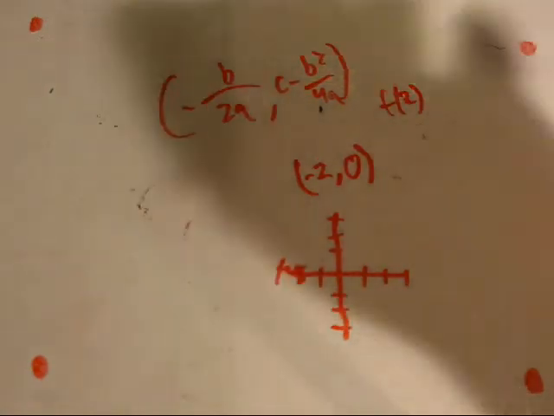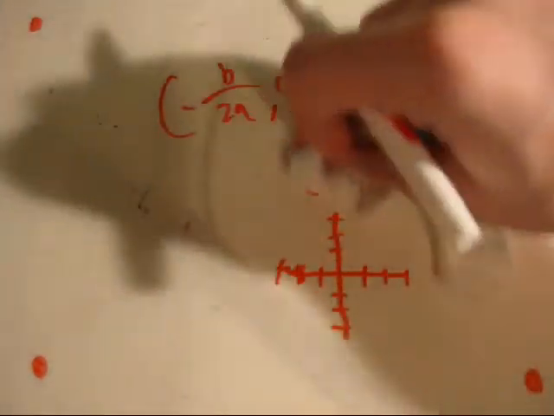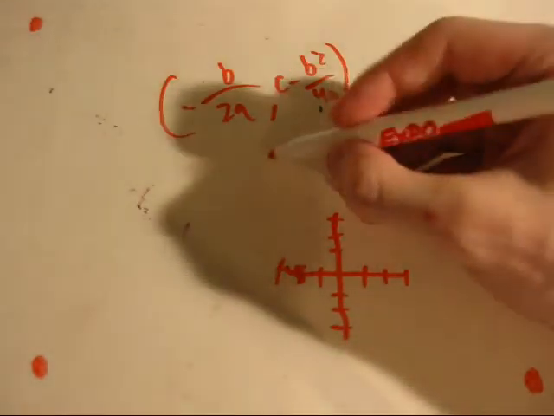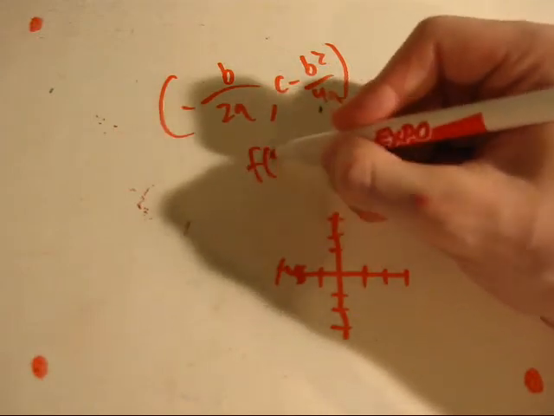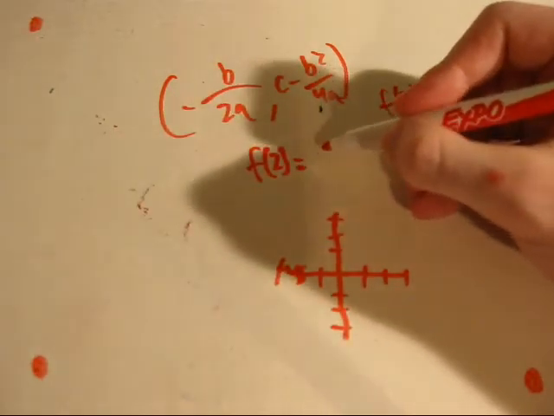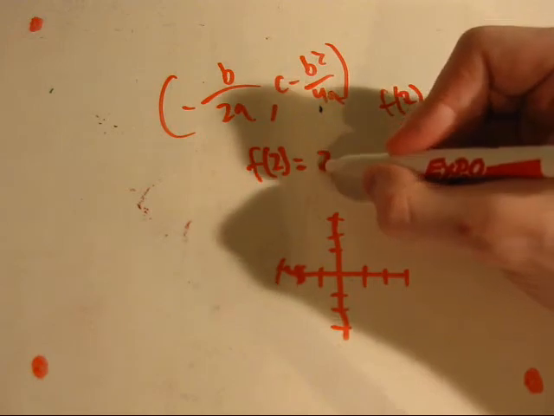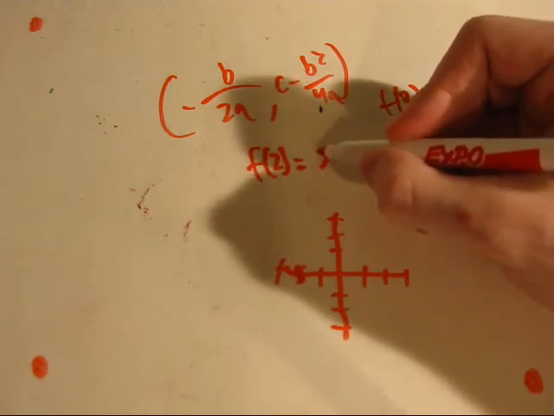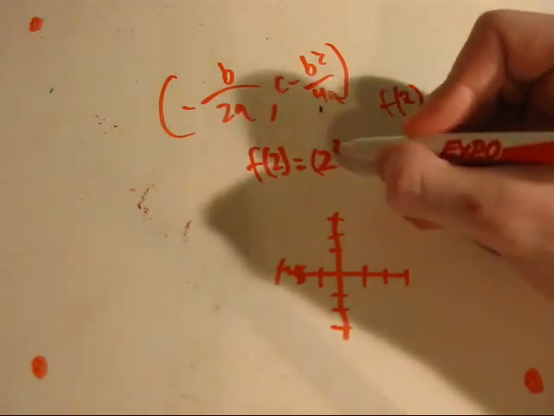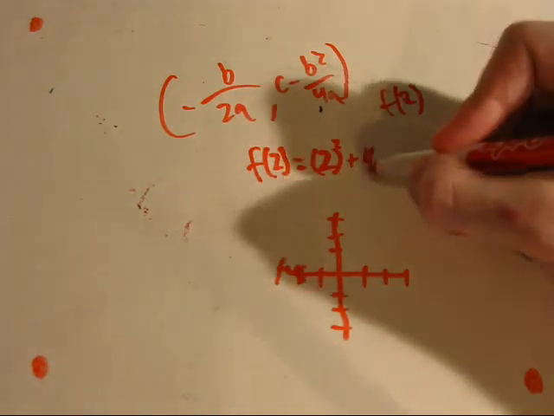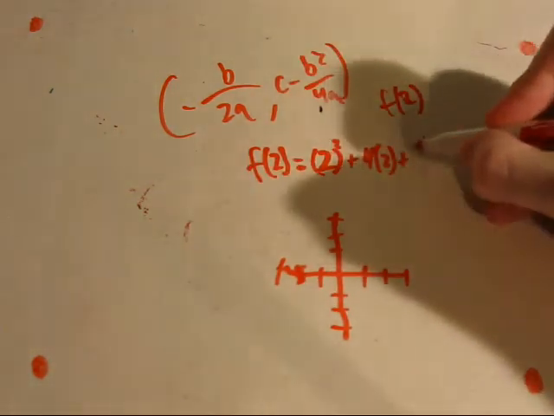Now, if we went with f of 2, that is equal to 2 squared plus 4 times 2 plus 4.